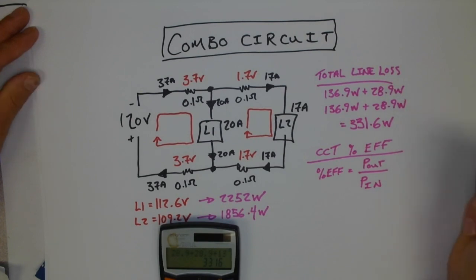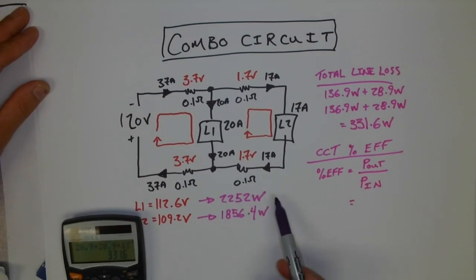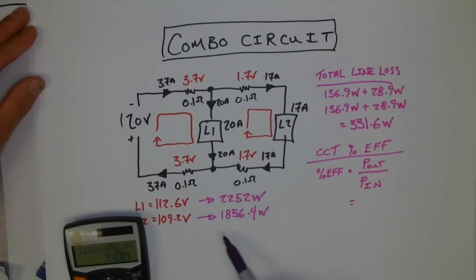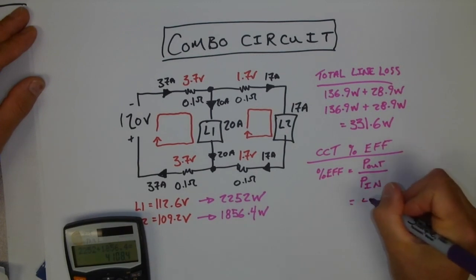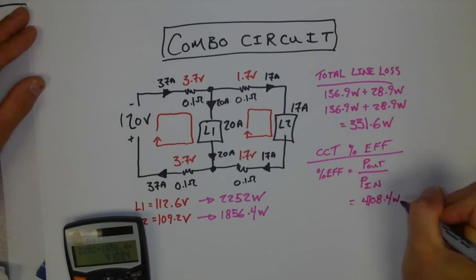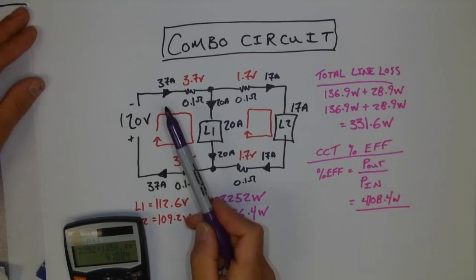So if we want to do this calculation, what's the total output power? Well, the output power is the power used by the loads. So 2252 plus 1856.4. The power output is 4108.4 watts.